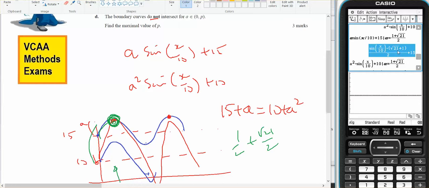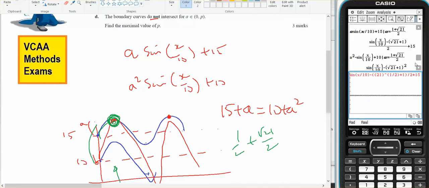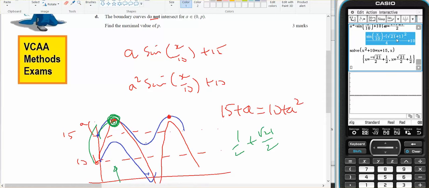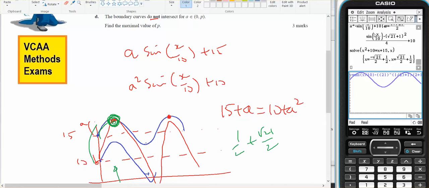So I've got this one, drag and drop. And I've got that one, drag and drop. And if I do zoom auto, and they do intersect, they intersect at that point there.